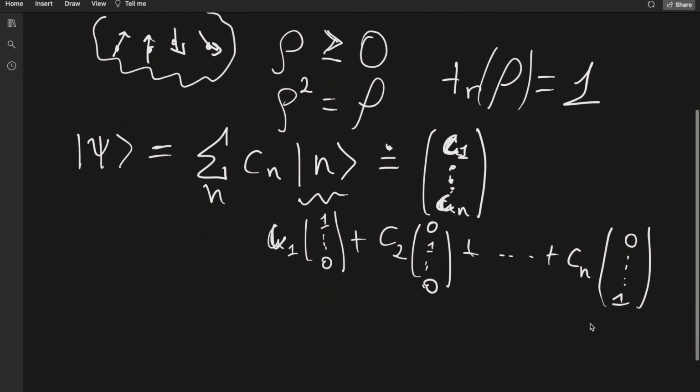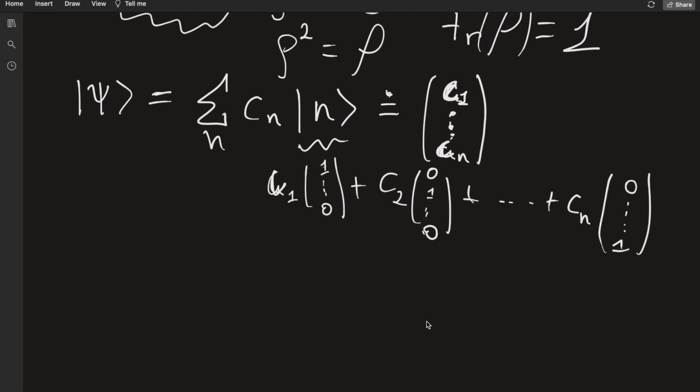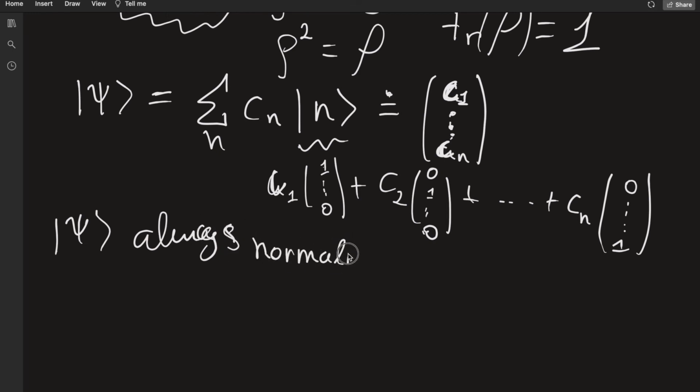We can see that it's usually the case, and actually always the case, I would say, that a state psi is always normalized. What I mean by that is simple normalization: C1 squared plus and so on, until Cn squared.